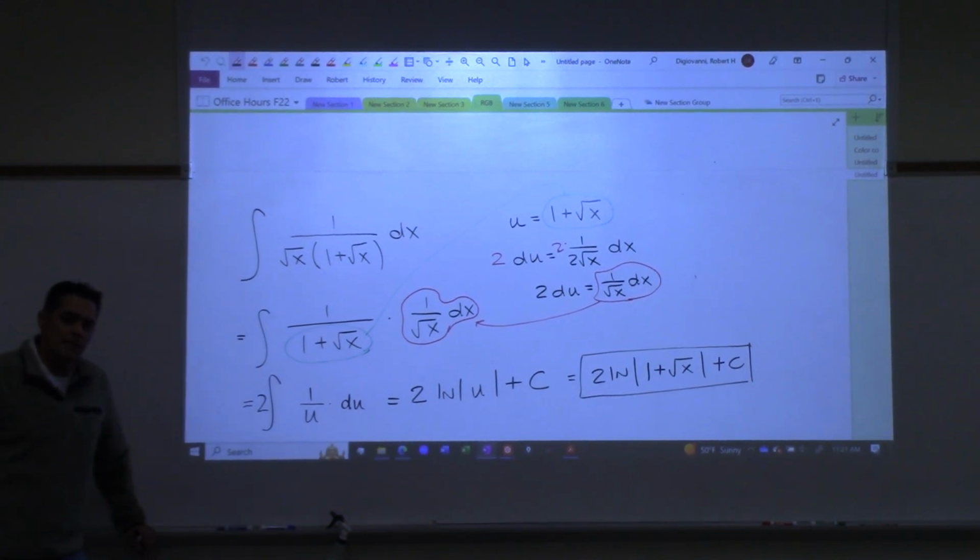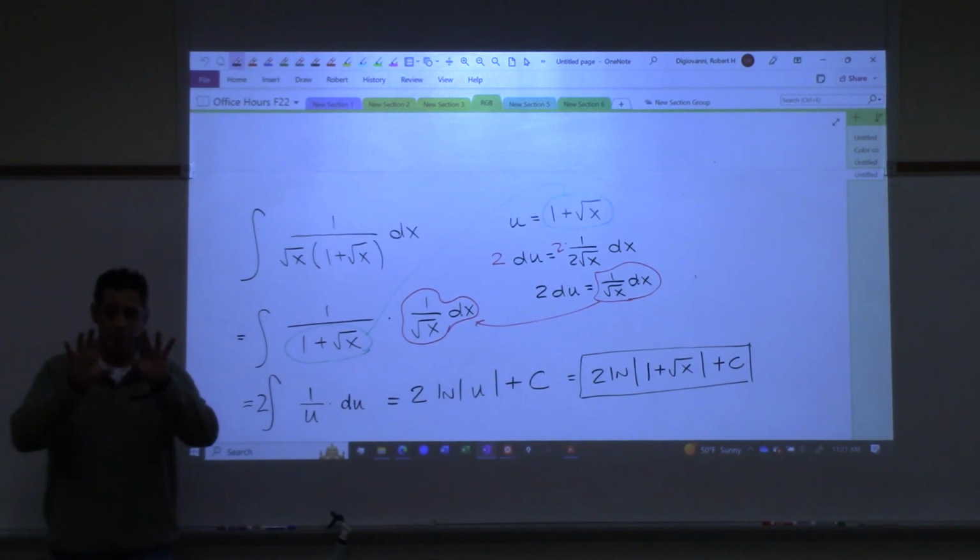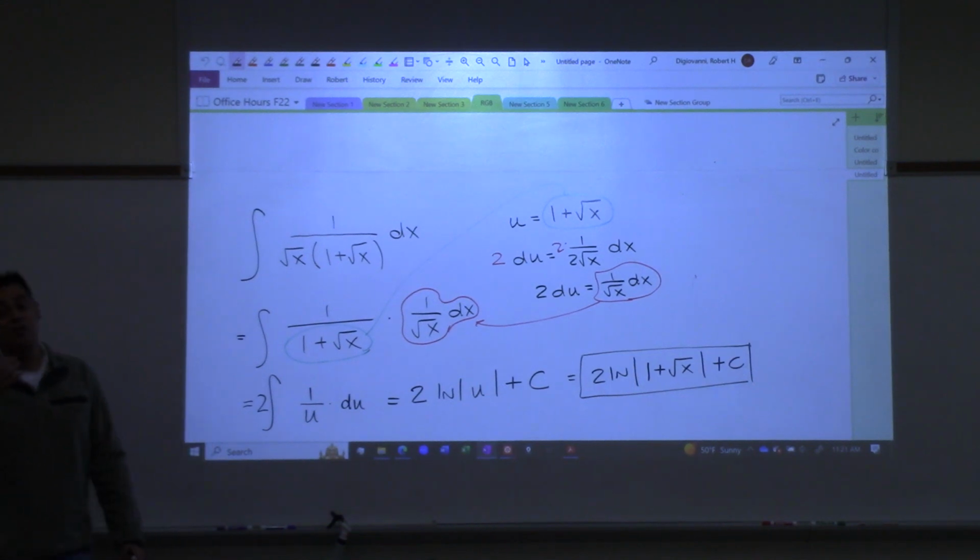Mm-hmm. Do you do the same kind of thing with integrals? You can only separate integrals if you have addition and subtraction. You can do the antiderivative of each one separately. But if you have multiplication or division, you cannot. Oh, okay. Which is what I was saying causes the big problem here for us. If we could do them separately, then that would be great, right? We just pull them apart and do each one, and then everything would be great. But we can't.